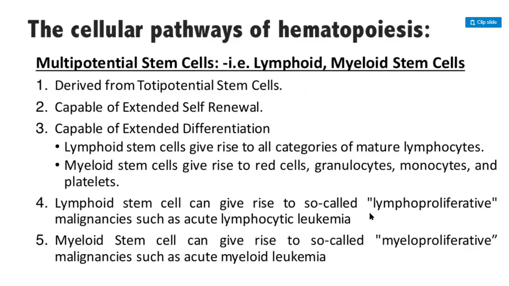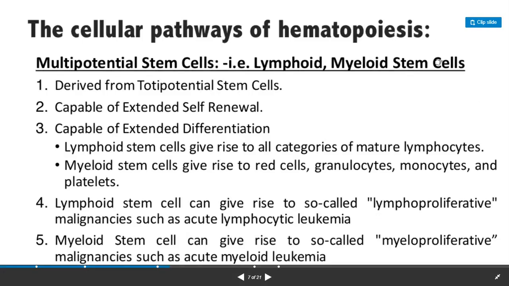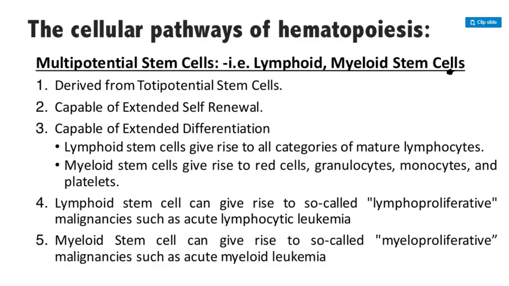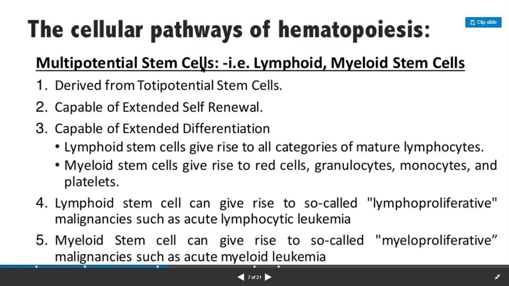Okay, now let's look at multipotent stem cells. Multipotent stem cells are of two types: lymphoid and myeloid stem cells. For totipotent stem cells, we say that they can differentiate into any kind of cell they want. But for the multipotent stem cells, look at what happened. The first thing you need to know is that they are derived from totipotent stem cells.